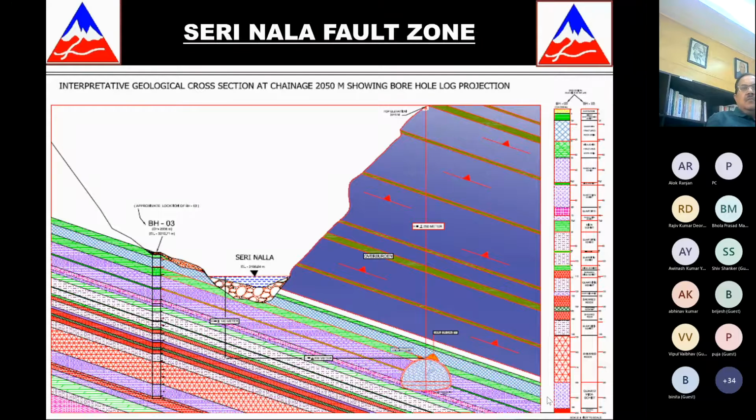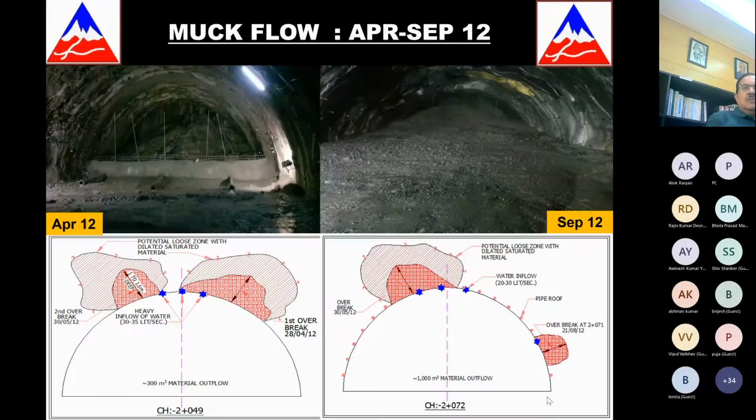We had a series of muck flows. There was so much muck flow from the face itself that we had to make a temporary coffer kind of dam to stop that muck flow. And even that collapsed, and we had the muck flowing all over and coming into the tunnel.